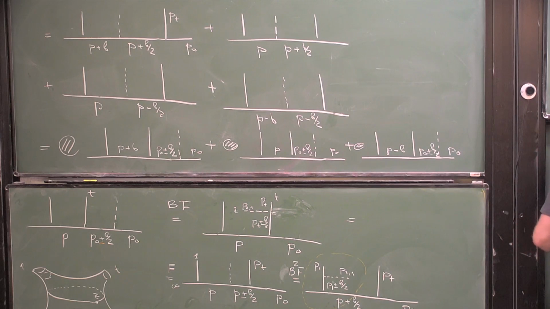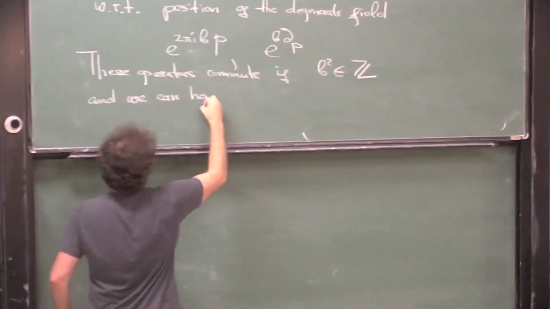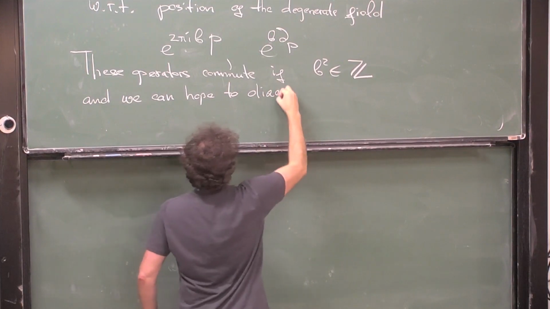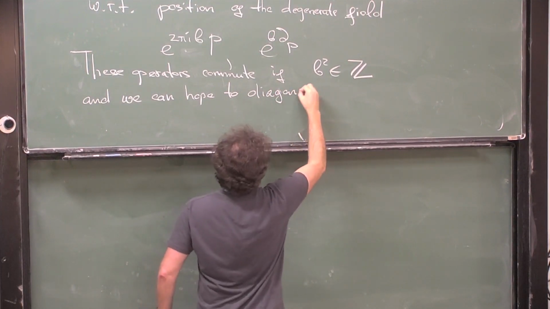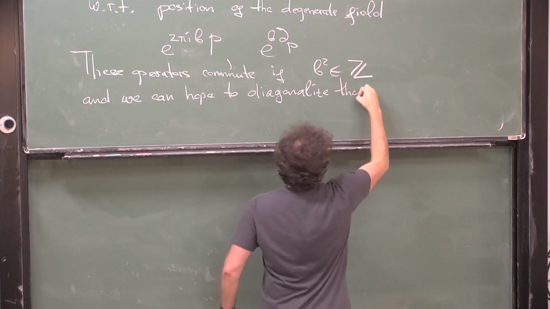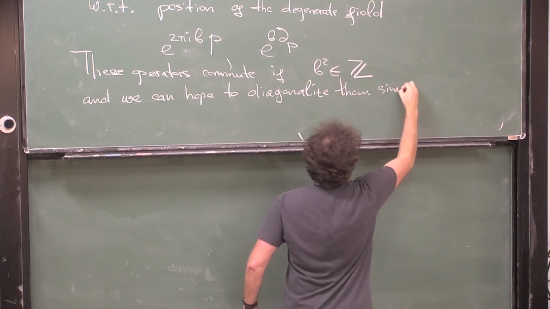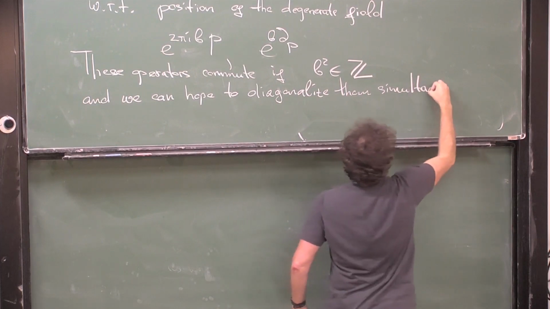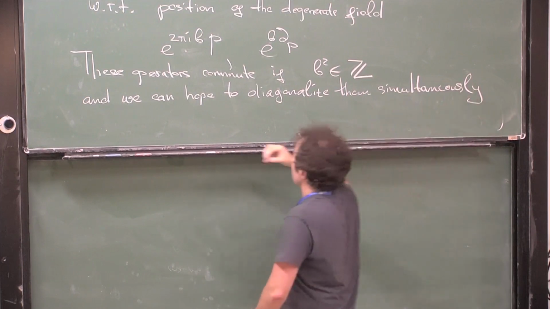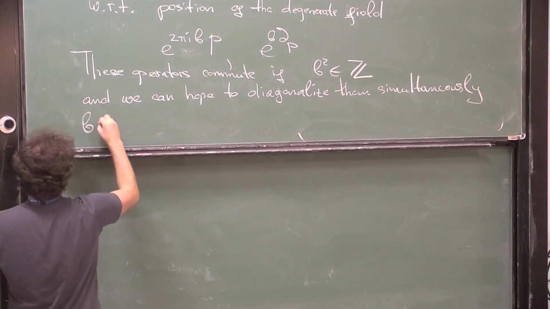So we can hope to diagonalize them simultaneously by Fourier transform.